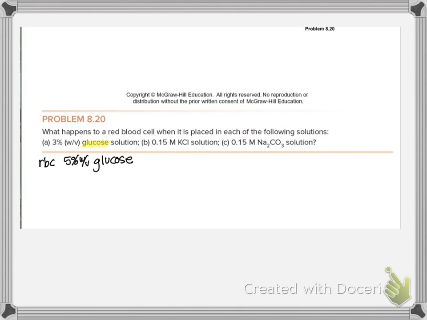Remember, water is going to go from low to high. So our solution is lower, so it's going to flow from the solution, low to high, into the red blood cell.